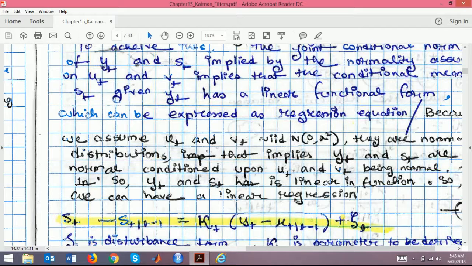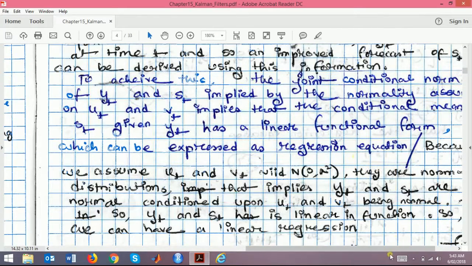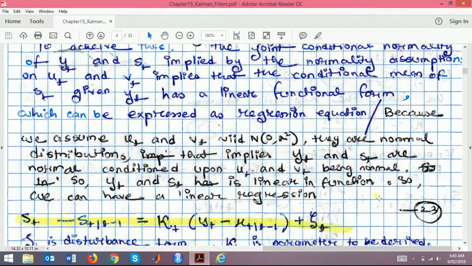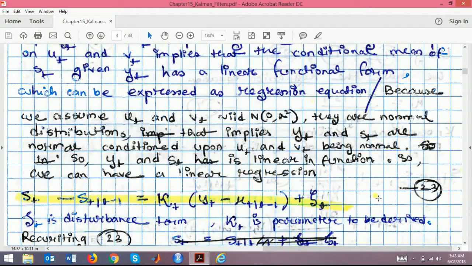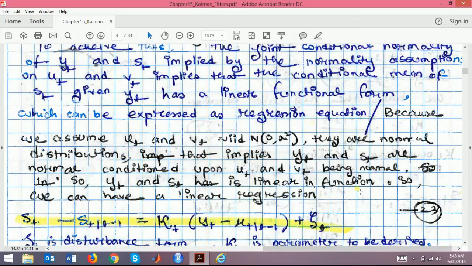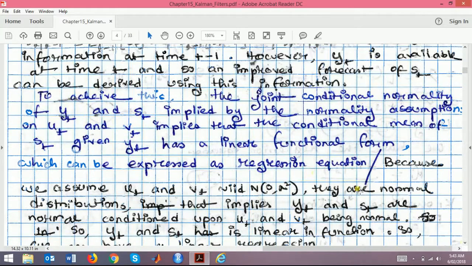And if they are normal, using the conditional mean and variance, it is possible for us to derive a regression equation, or I mean we can give s a linear function using the information, which actually leads to an improved forecast or improved prediction of s.